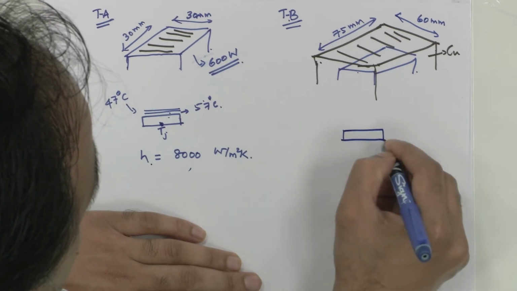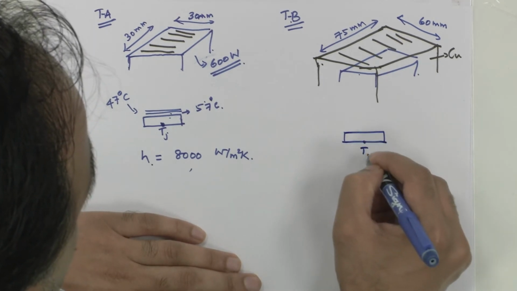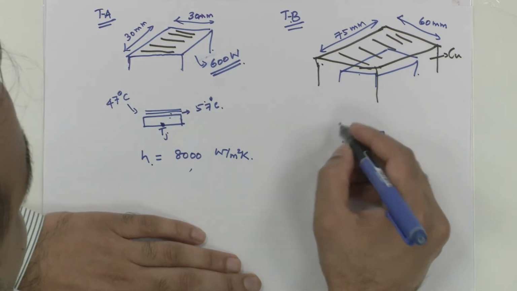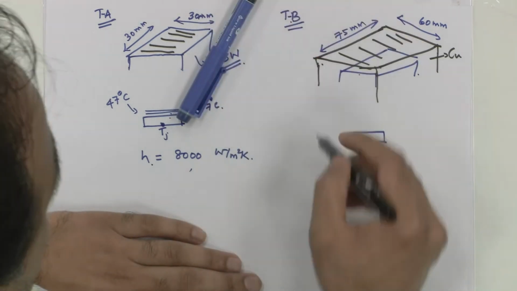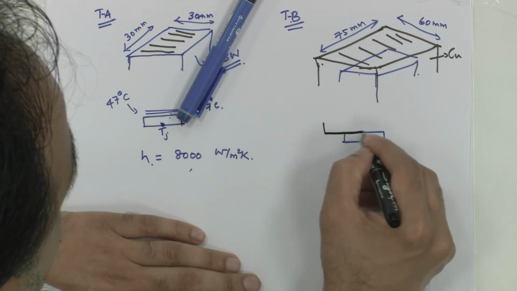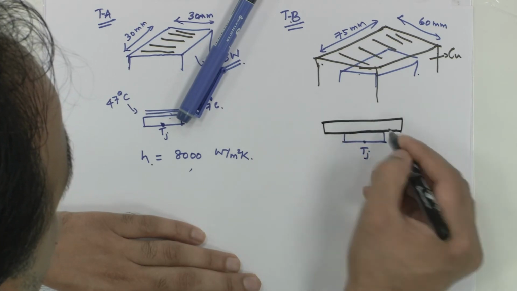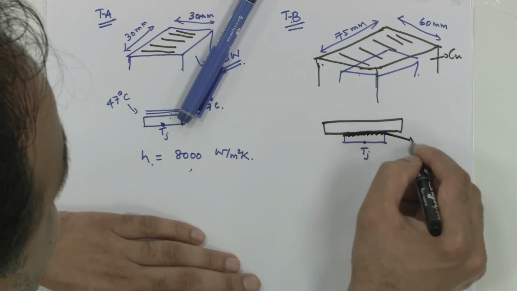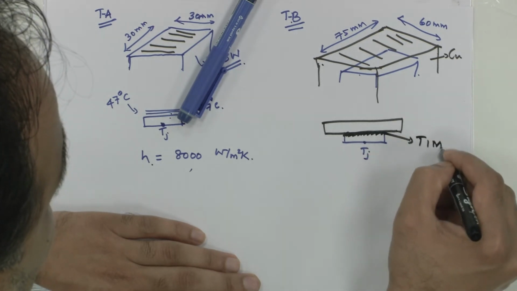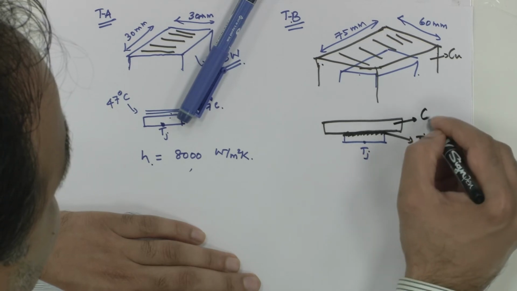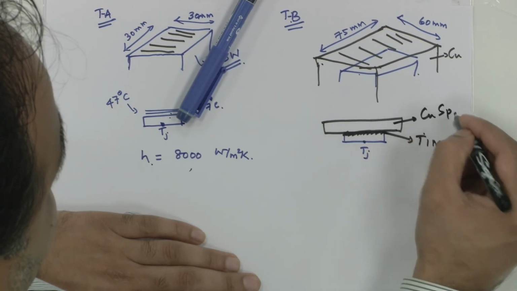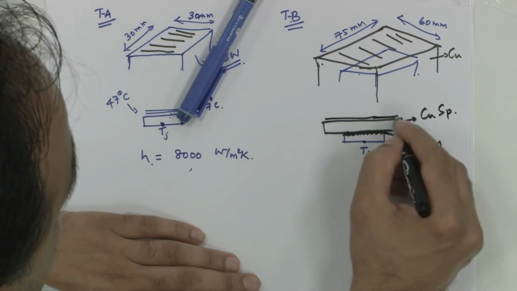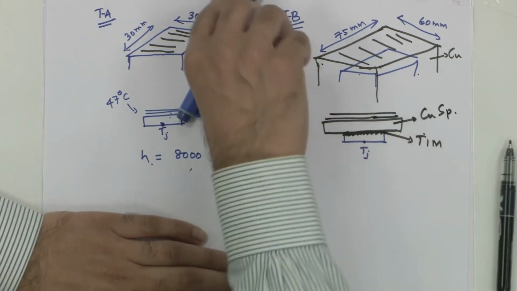So, this is the junction temperature, and now we have a heat spreader or a copper, and there is a thermal interface material as well. And microchannels are enabled on top of this copper.